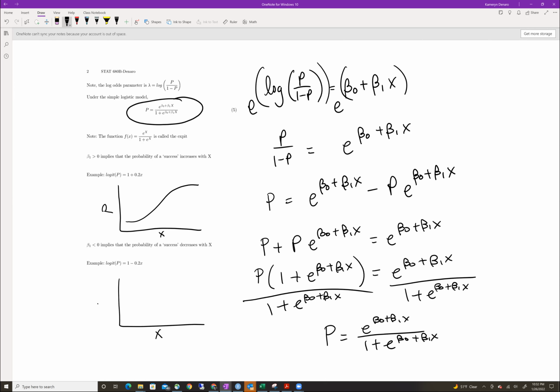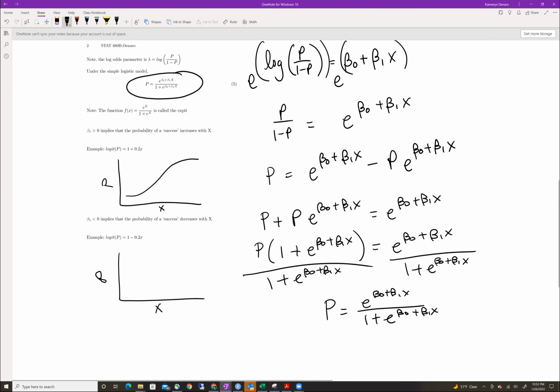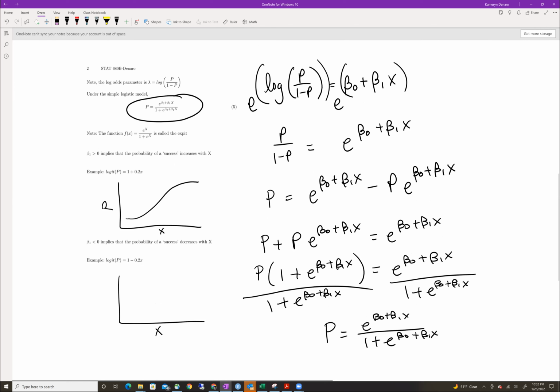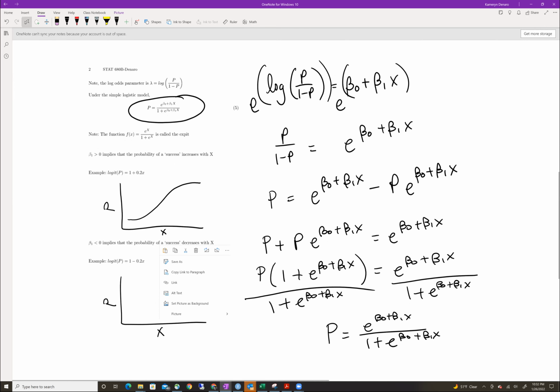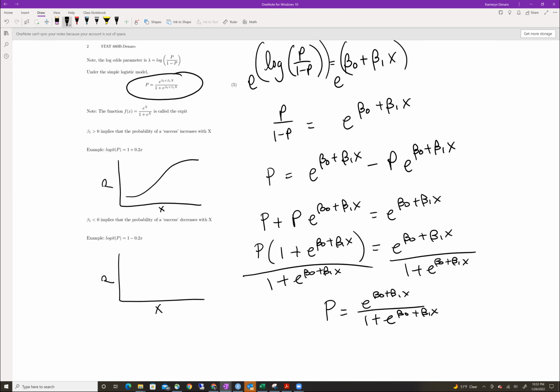If we have x and p, and in this case beta 1 is negative, we're going to get an S curve that looks like this, ranging from 0 to 1 for p. And that's what the curve looks like.